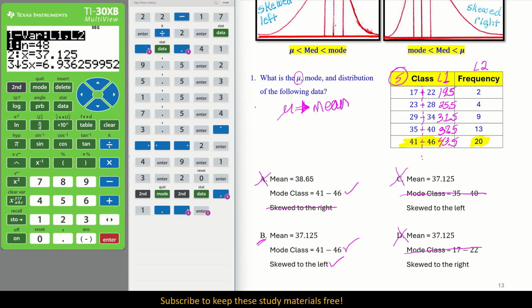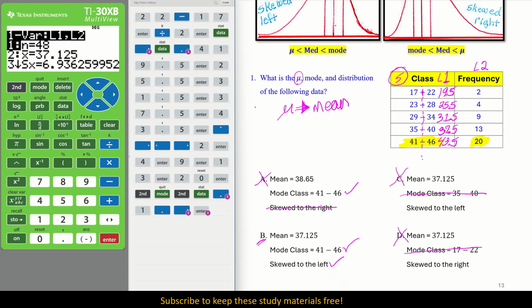Oh, very nice. First off, it says n equals 48. That means you had 48 points of data. Well, that's just your calculator trying to make sense of what you put in. Okay. You didn't put in 48, but it's the way we put it in. The calculator is kind of sensing what we have going on here, that we have a frequency.